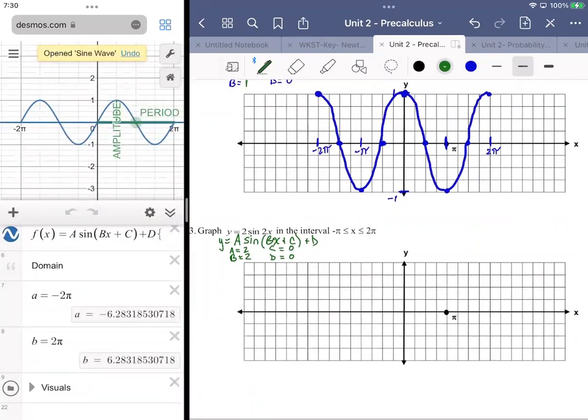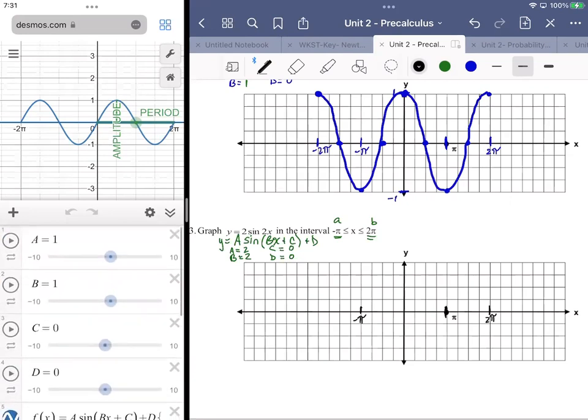All right. I just got to take note of my new domain, which is A to B. Got to label my graph. I'm only going from negative pi to 2 pi. So then I'll toggle my A, B, and C values to the appropriate location.